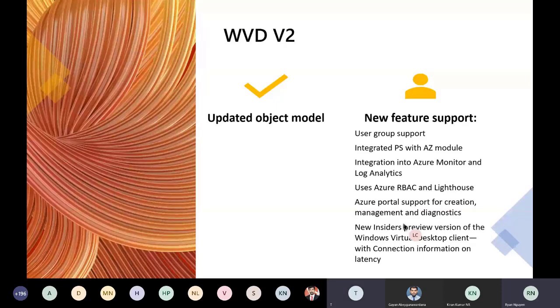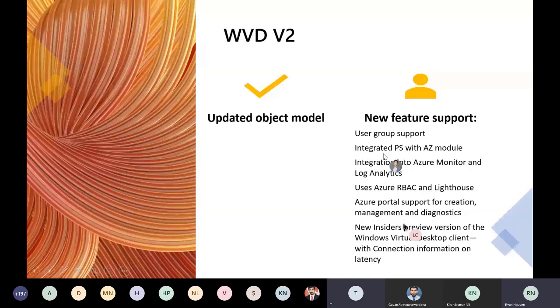So you need to use the new client and the new URL to access and see the WVD resources. Because they go with ARM, they support user groups. In the past, in WVD V1, the GA version, we could only assign individual users, not a group of users.